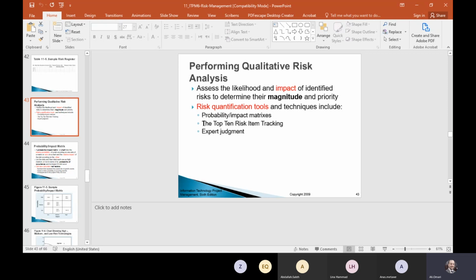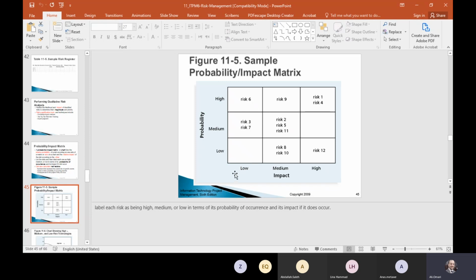And the first thing is a probability impact matrix, where we can have on one axis the probability defined as low, medium, high, and on another axis the impact defined as low, medium, high, and we can classify our risk based on this matrix.